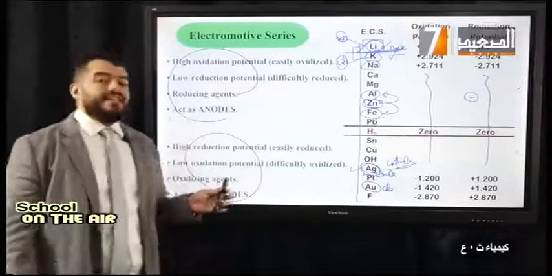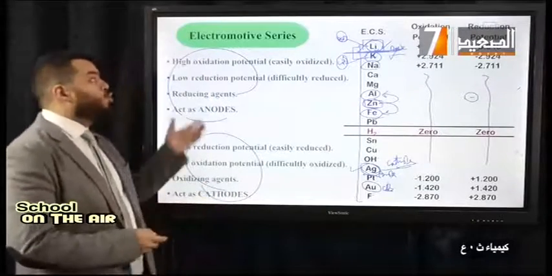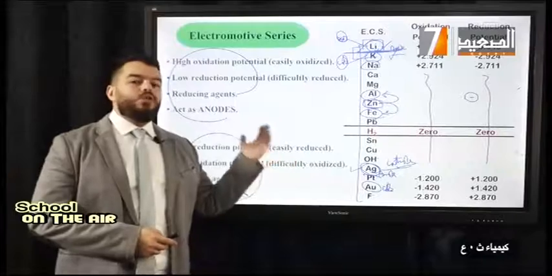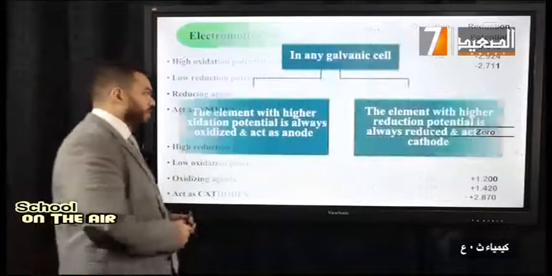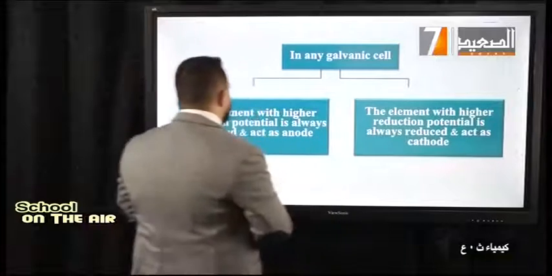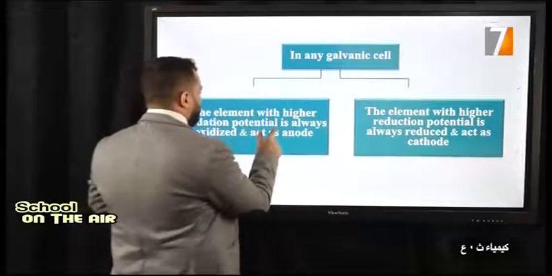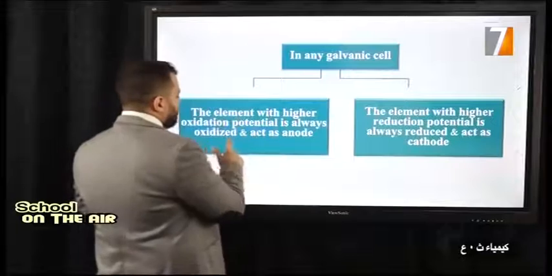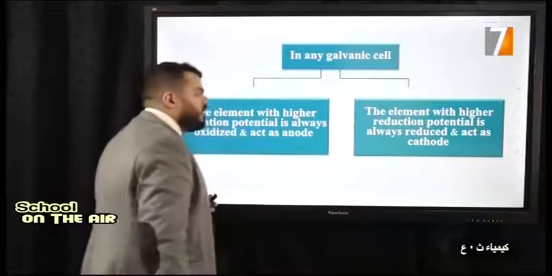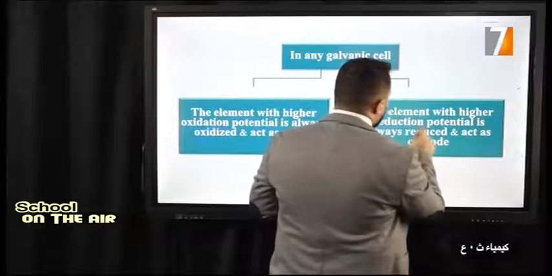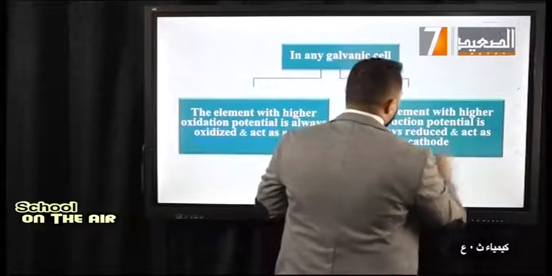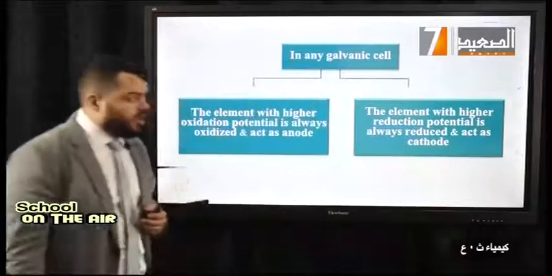By studying the electrochemical series, you are able to know which element will be anode and which will be cathode. In the galvanic cell, the element with higher oxidation potential is always oxidized and acts as anode, and the element with the higher reduction potential is always reduced and acts as cathode.